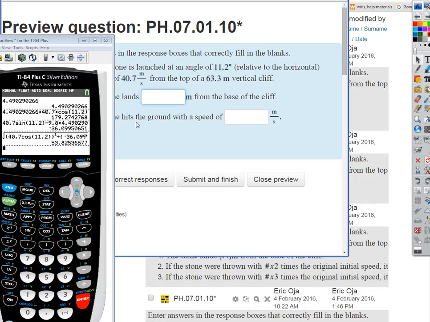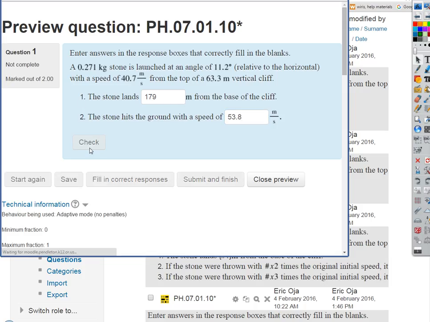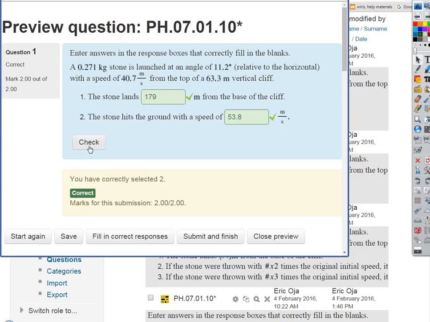Oh yeah, there it is. 179 meters. And the speed was 53.8. Let's see how we did. Bingo. Okay. We got it.